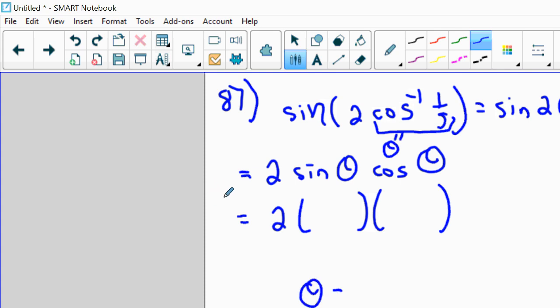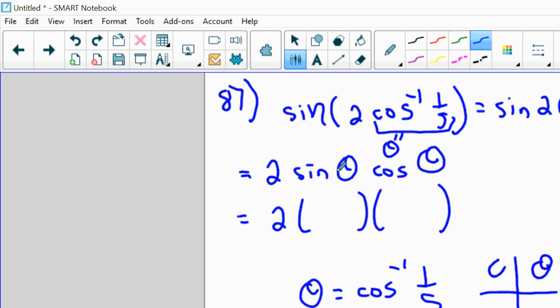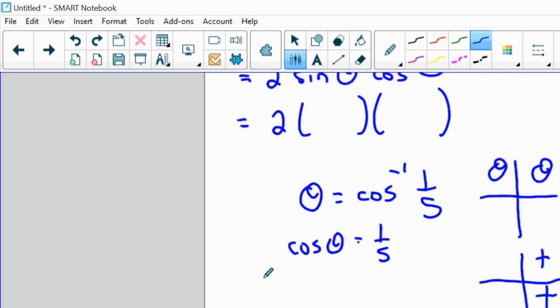So theta is inverse cos 1/5. Theta can lie in the first or the second. But cosine theta is 1/5, and cosine is positive in the first and the fourth. Therefore, we're in the first. And draw your triangle. 25, 1, square root of 24, which is 2 radical 6.